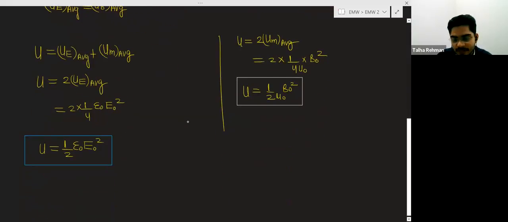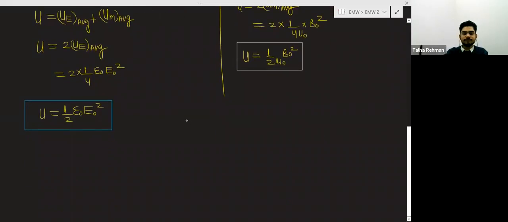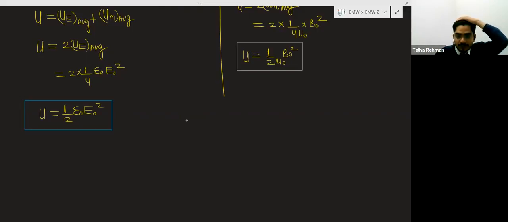So if someone is asking what is the total energy density of the electromagnetic wave, you will write either half epsilon naught E naught square, or half mu naught multiplied by B naught square.